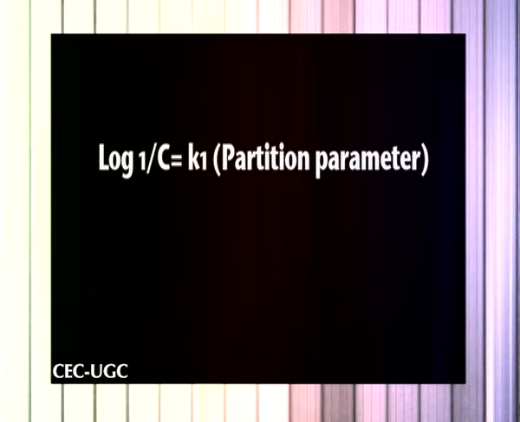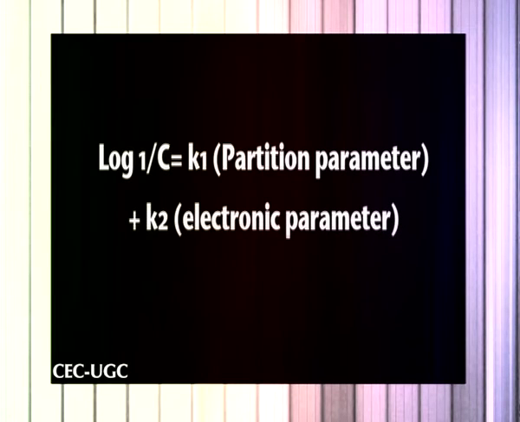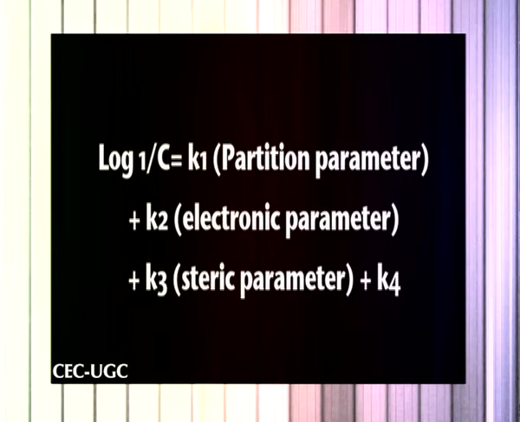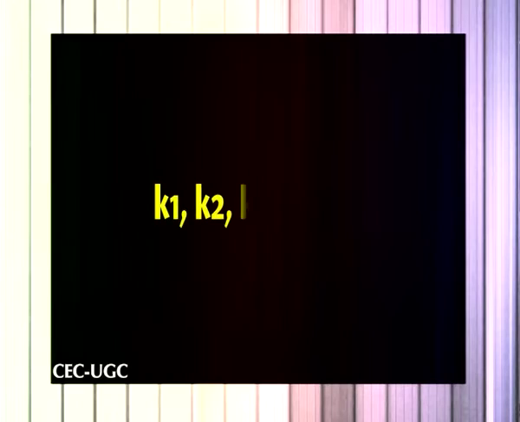That is, log 1 upon C is equal to K1 partition parameter plus K2 electronic parameter plus K3 steric parameter plus K4, where C is the minimum concentration required to cause a specific biological response and K1, K2, K3 and K4 are numerical constants obtained by feeding the data into a suitable package.